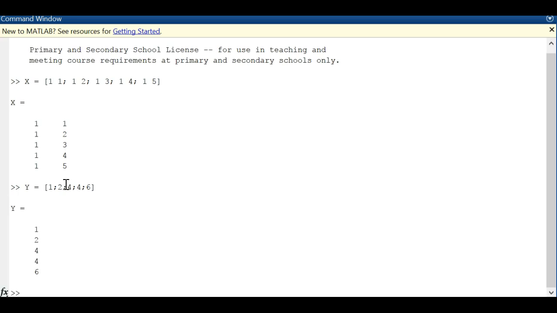Okay, so A should be the inverse of X transpose times X, times X transpose times Y, right?